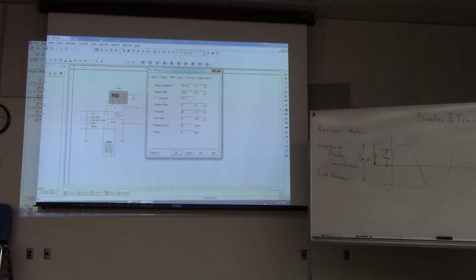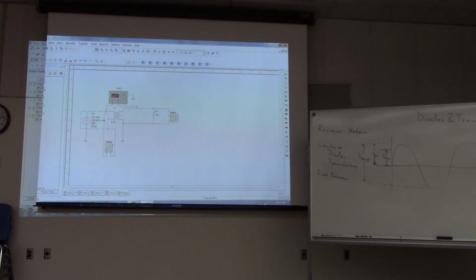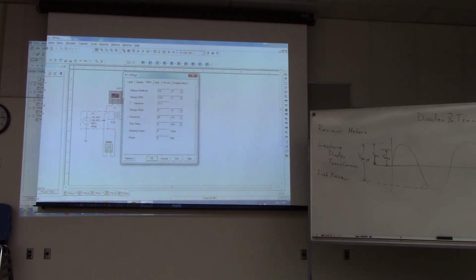So that's 141 times 0.707. Yeah, it comes out to be 100. If I put in 100 volts on the top, it would be clearer. 100 times 0.707 comes out to be 70.7.